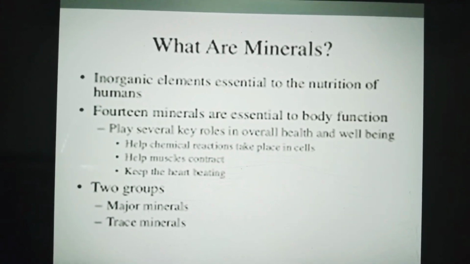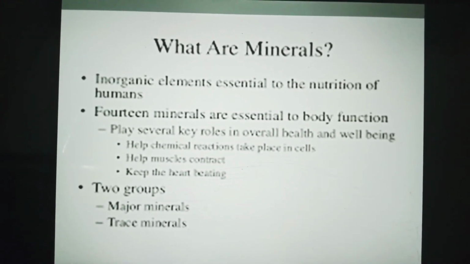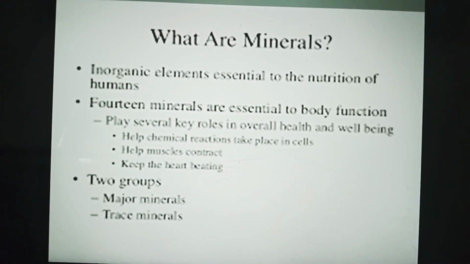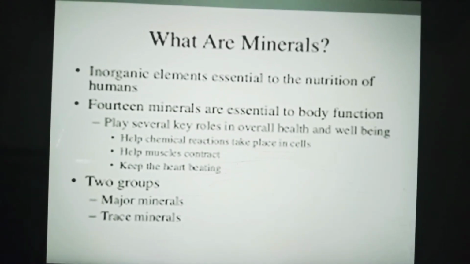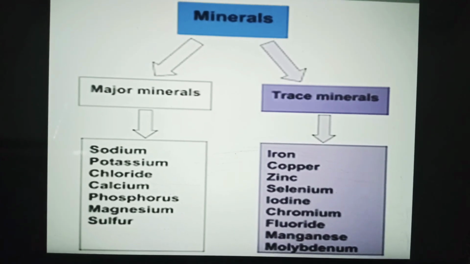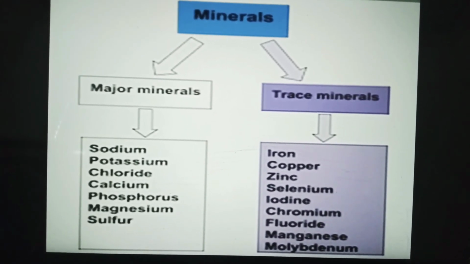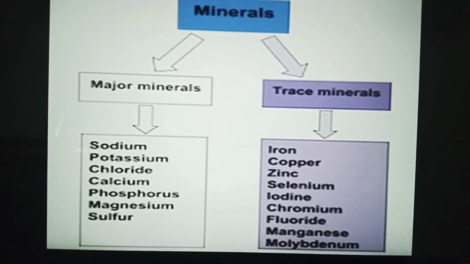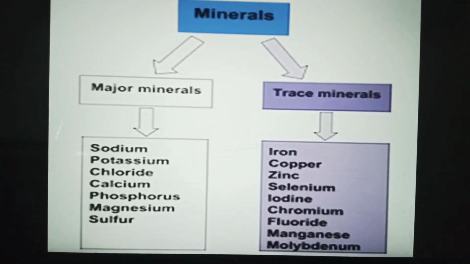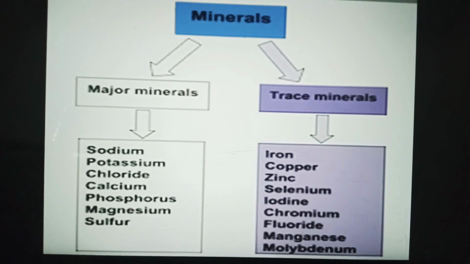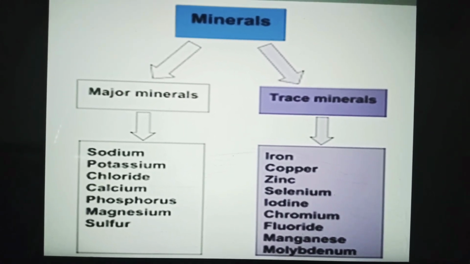They play important roles in various body functions and are essential to maintain health. Most of the minerals in the human diet come directly from plants and water or indirectly from animal foods. Minerals are categorized into major and trace minerals. So now I will discuss major minerals and trace minerals. Major minerals are required in amounts of 100 mg or more per day, while trace minerals are required in amounts less than 100 mg per day.